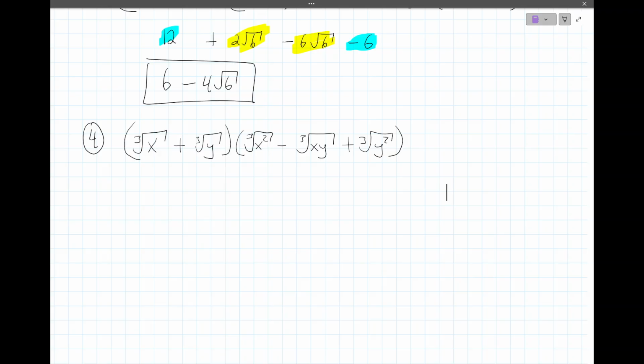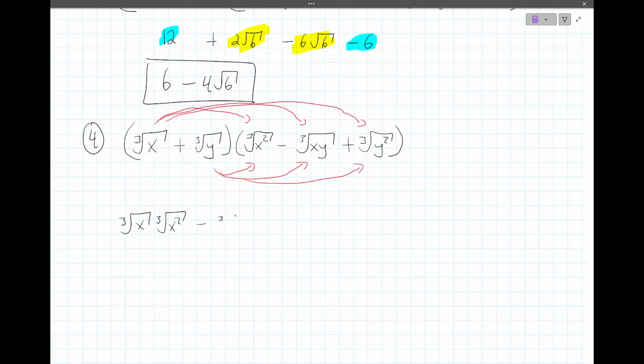I'm going to do this my method, and then we'll see what the book suggests. So this makes 6 multiplications here. I'm going to write cube root of x times cube root of x squared. We'll do that. And then the next one will be minus.